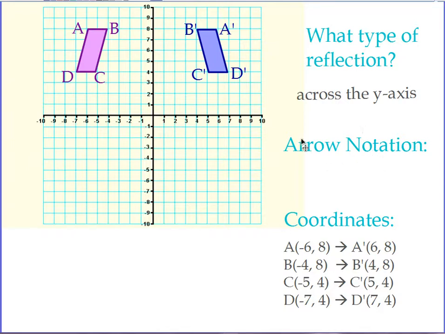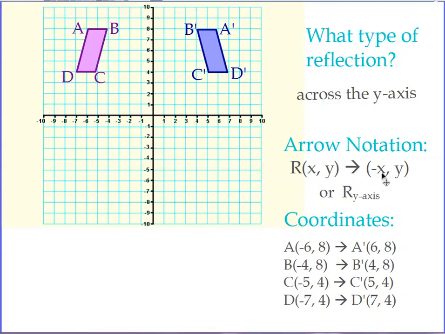So when I write the arrow notation for our reflection, I'm going to use R for reflection, of course, and that's going to tell me to take every point (x, y) and change it so that the x now has a new sign and the y value stayed the same.